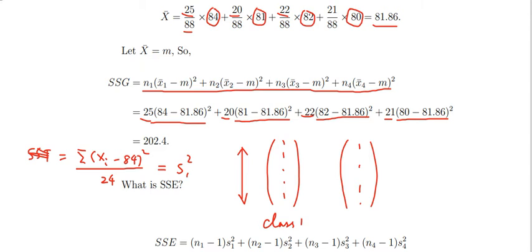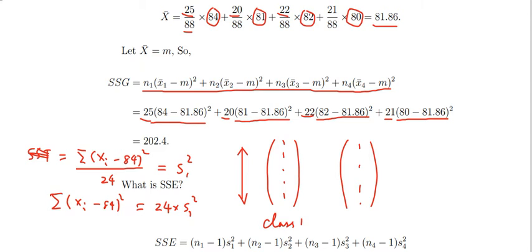So the variance from class 1 is this. So this numerator part is just the SSE in this direction. This part, xi minus 84, for class 1, equals 24 multiply S1 square.